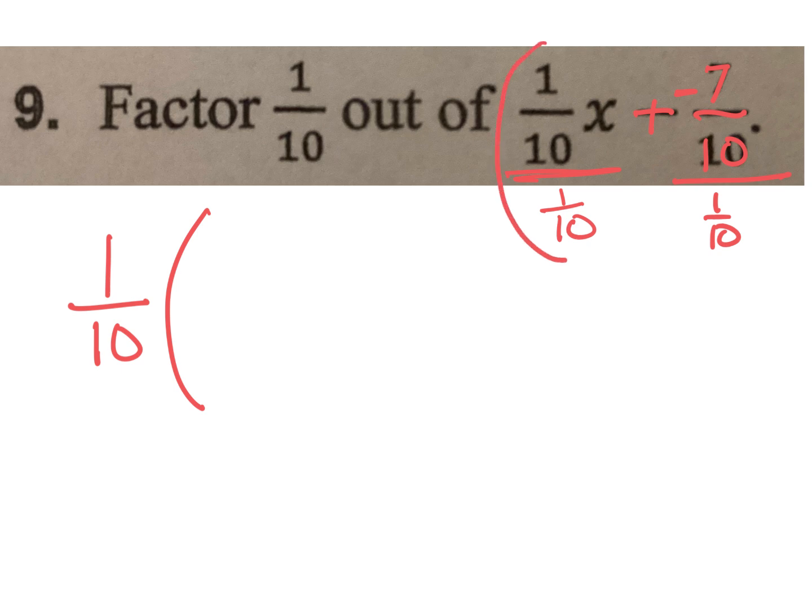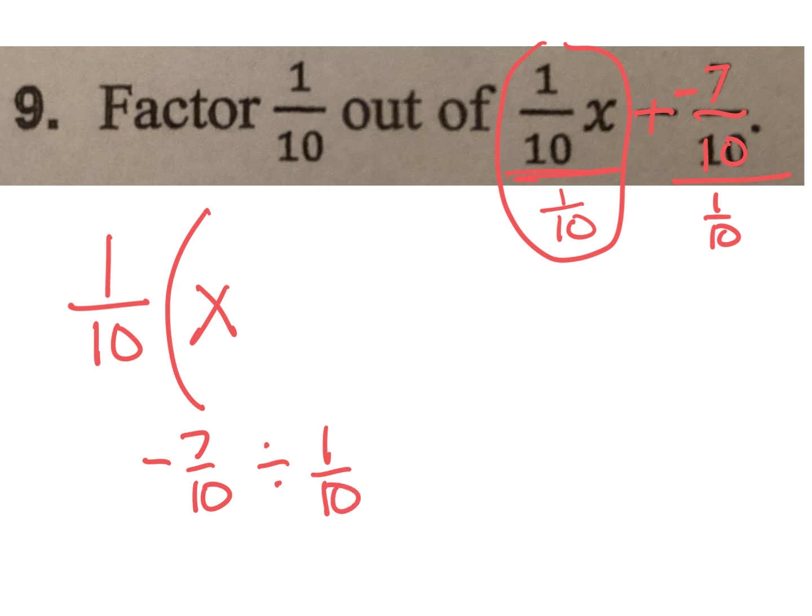When I do this, the 1/10 divided by 1/10 just gives me 1, so that's just an x. And then I go negative 7/10 divided by 1/10.